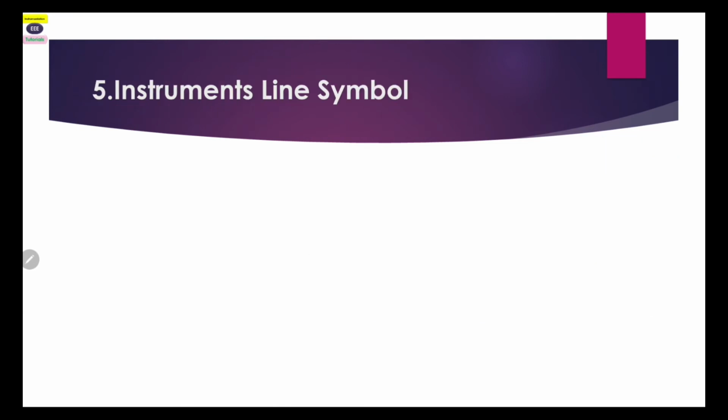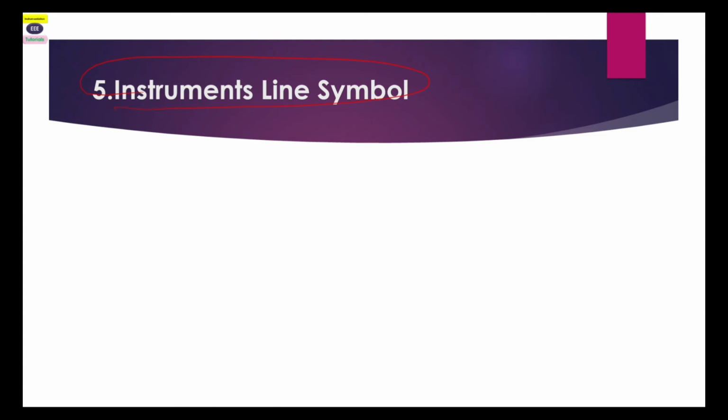Now the next point is instrument line symbol. This is very important, because whenever you are reading any P&ID, or piping and instrumentation diagram, you always read what is the meaning of this line and what kind of line is used.